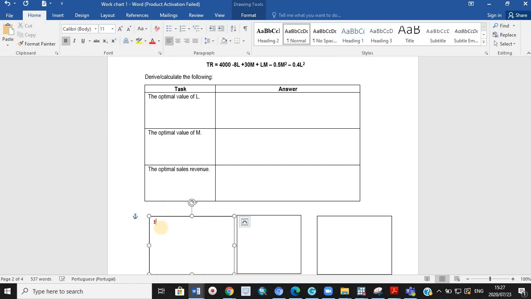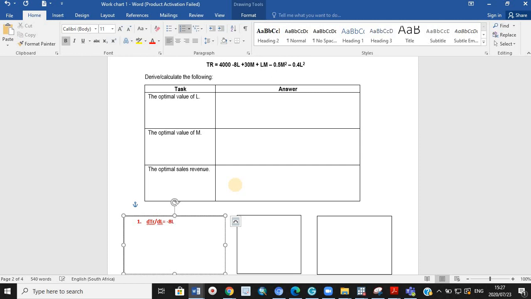Let's say we will derive TR with respect to L, right? With respect to L. This is going to be equal to, let's see, the first 4,000 is 0, this is minus 8L, right?